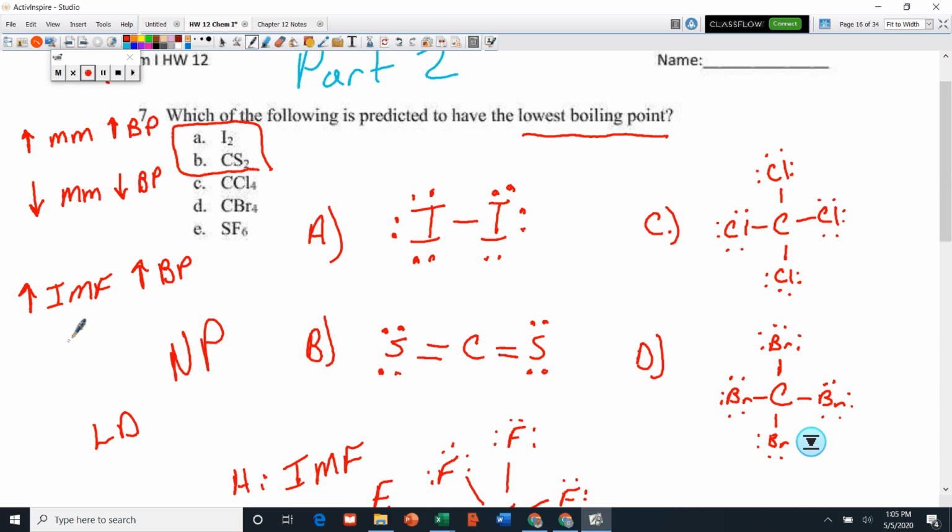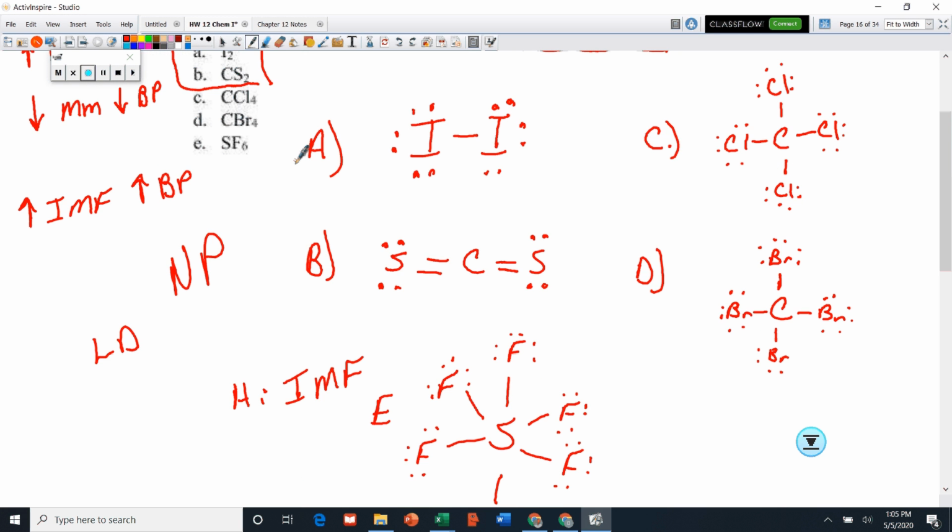That has to do with surface area. If they're all the same type of intermolecular force, which all of these are London dispersion, they all exhibit the same kind of force, but the bigger the molecule here, the higher the IMF. The smaller the molecule, the lower. Now, this is a smaller molecule, but is it a smaller molecule mass-wise? And that's what you need to check out. So look at A and B for those.